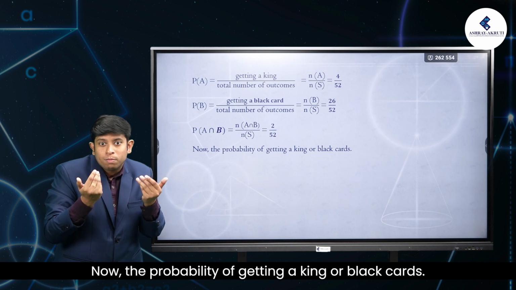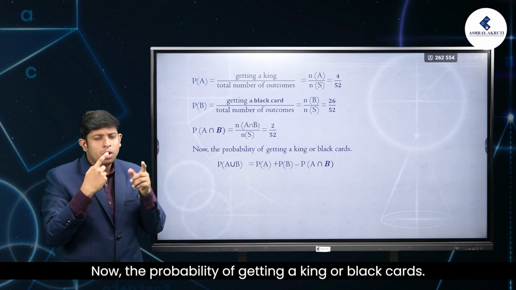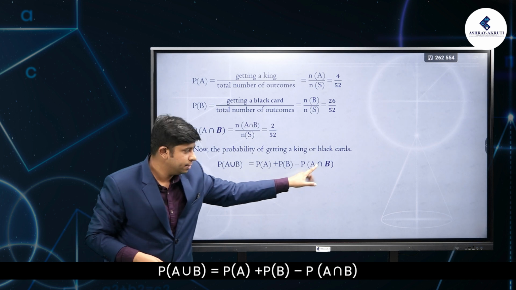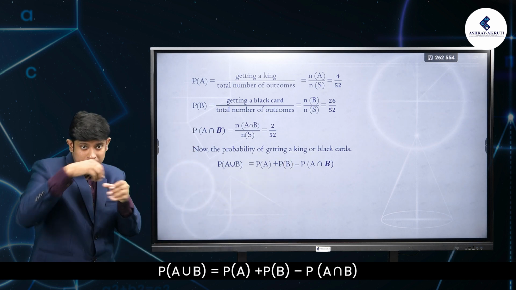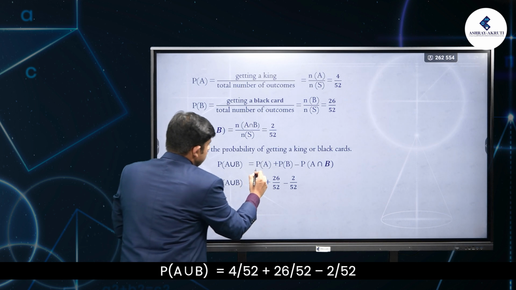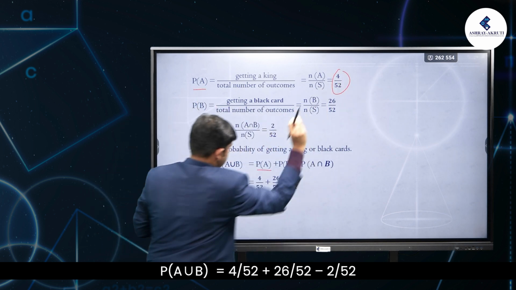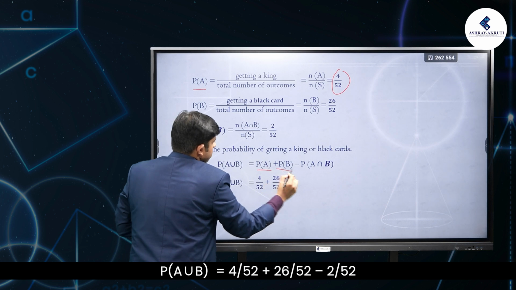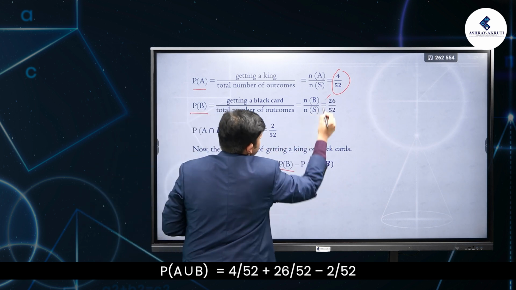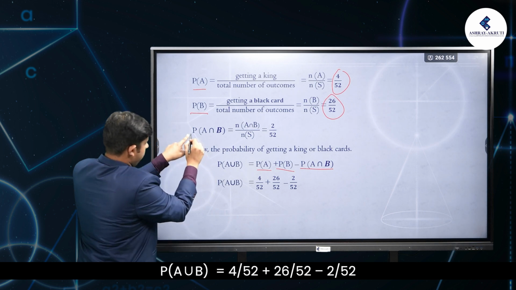Now, the probability of getting a king or black card: P of A union B is equal to P of A plus P of B minus P of A intersection B. P of A union B is equal to 4 by 52 plus 26 by 52 minus 2 by 52.